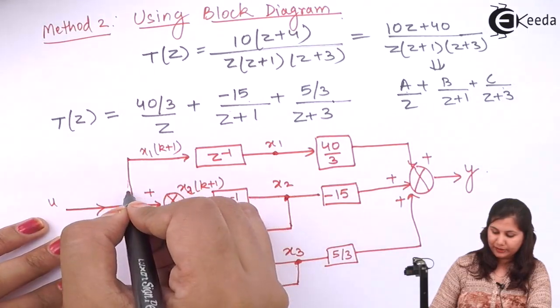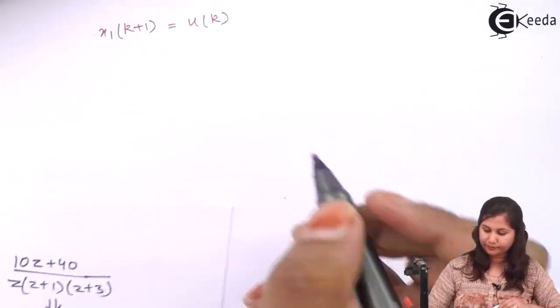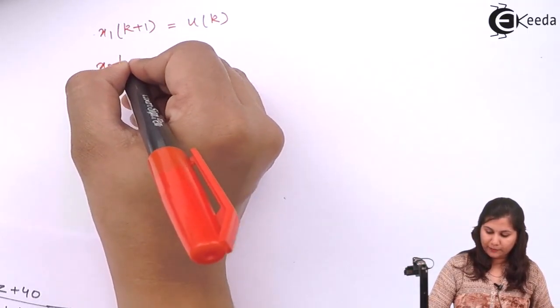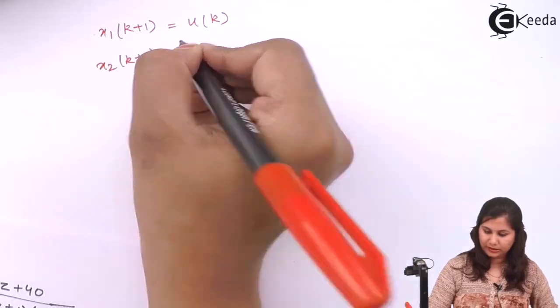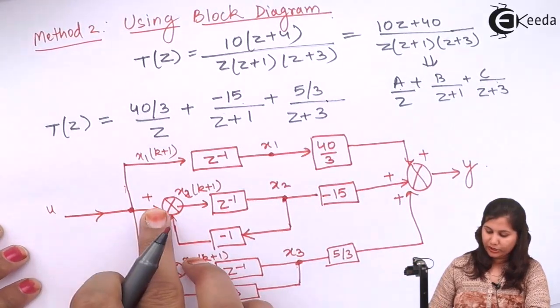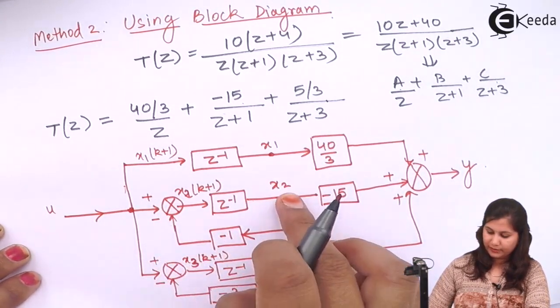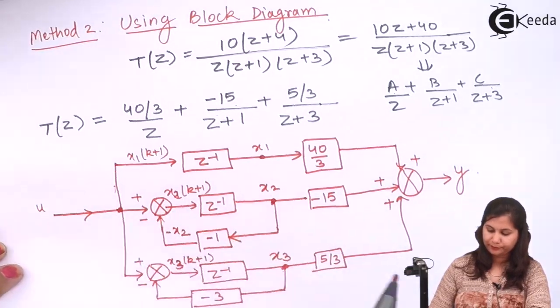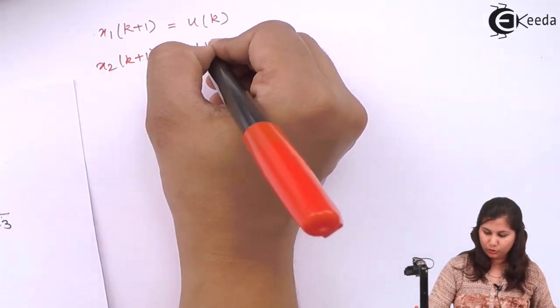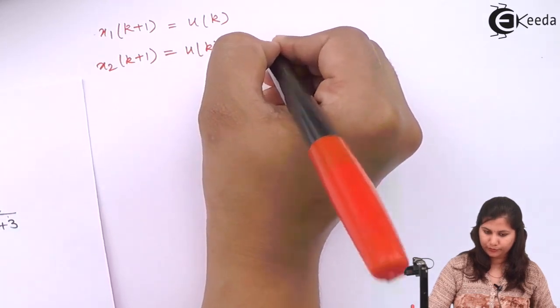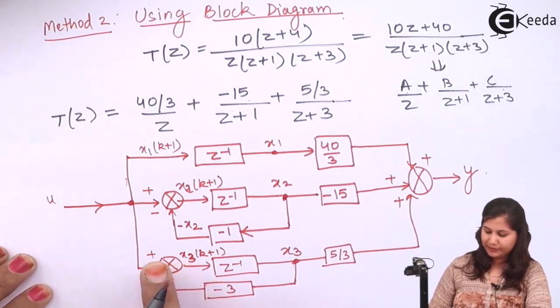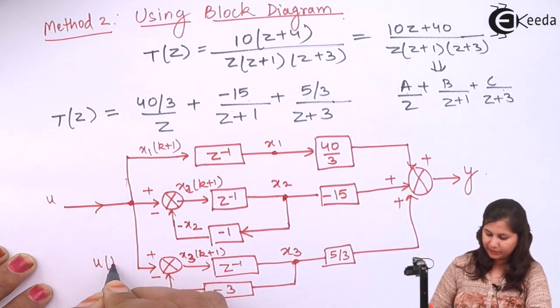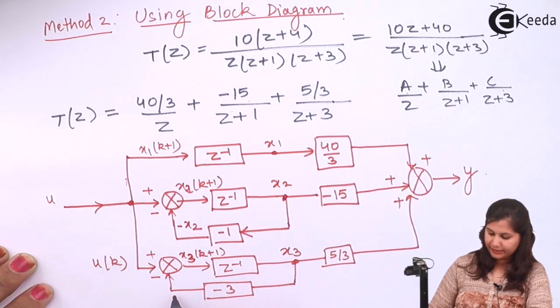So x1 k plus 1 is uk. Now x2 k plus 1 is uk minus x2, since x2 is fed back here. So x2 k plus 1 is uk minus x2. x3 k plus 1: again uk is coming here, and this is minus 3x3.